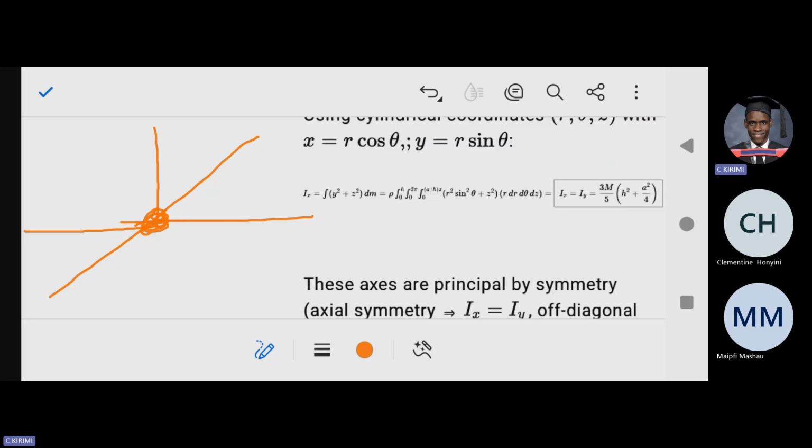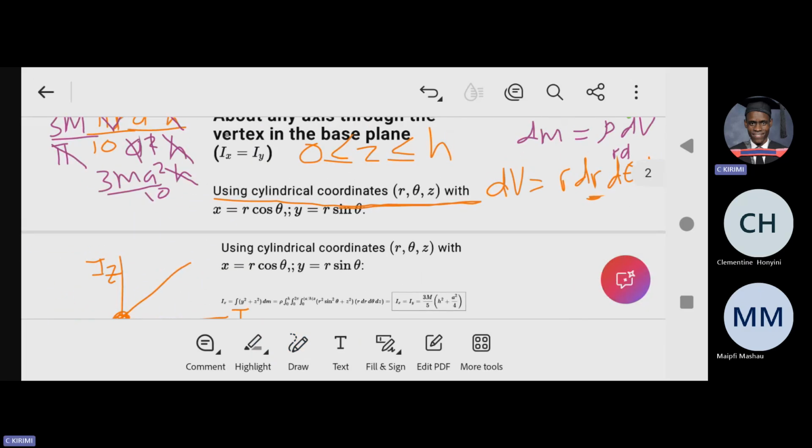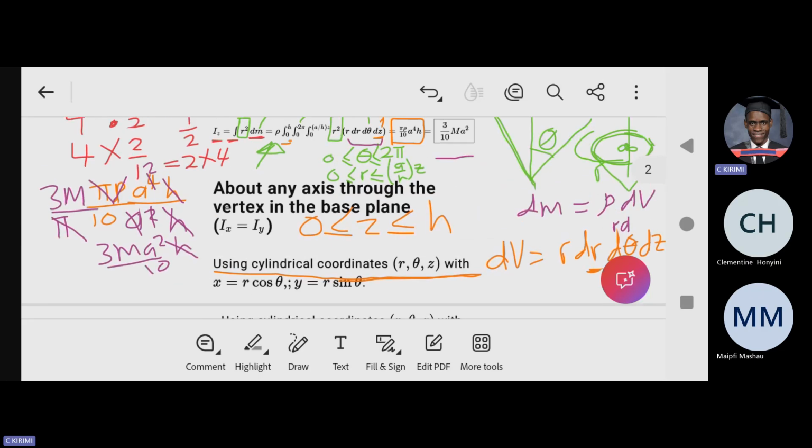This is the moment of inertia along Ix, and this one is the moment of inertia along Iy. The effect of these two passing through the vertex is the same. However, they are different from the moment of inertia along the symmetry line, which is Iz. So that is the first statement that you must indicate, that Ix is the same as Iy.